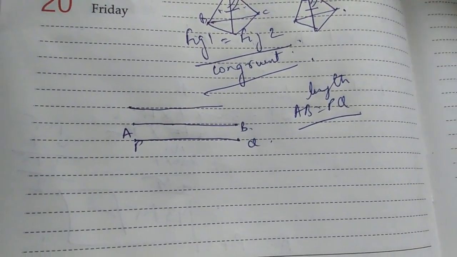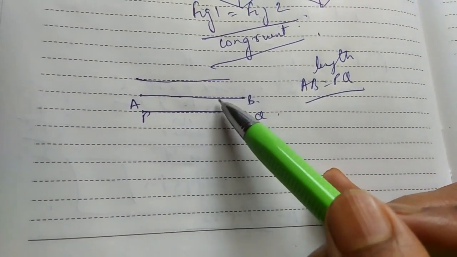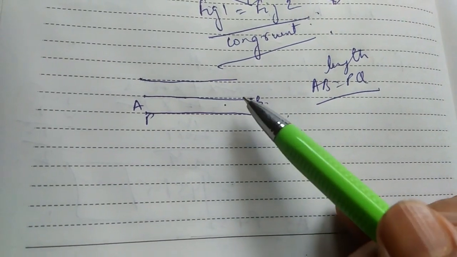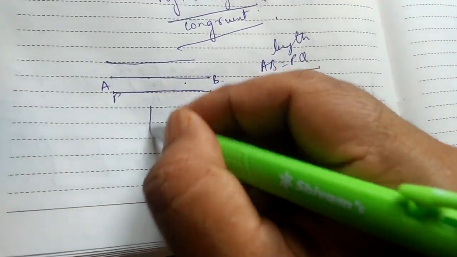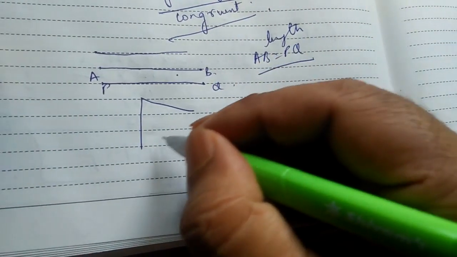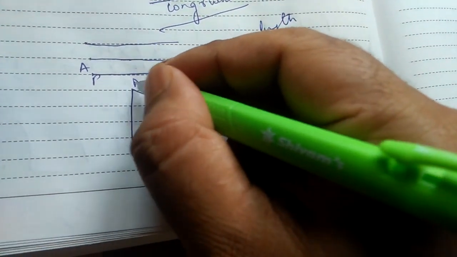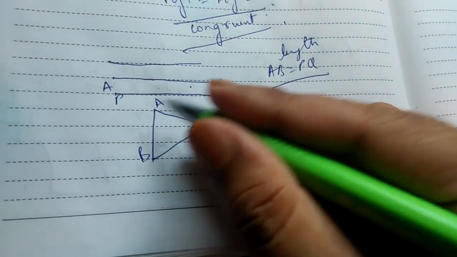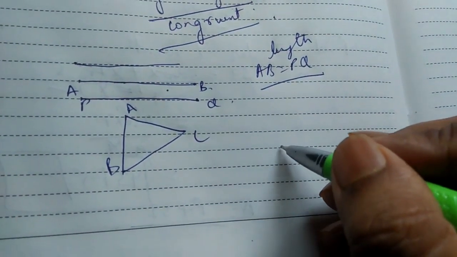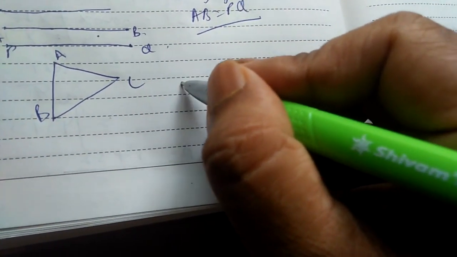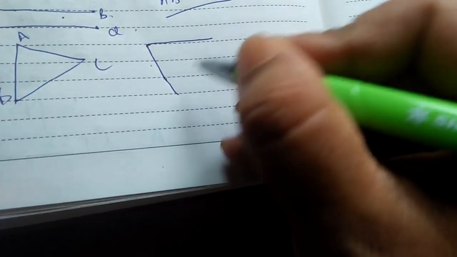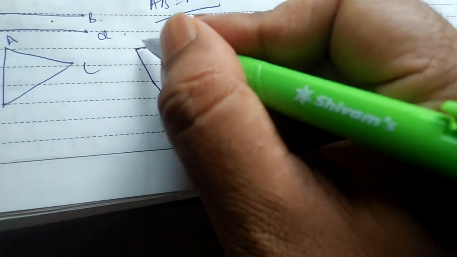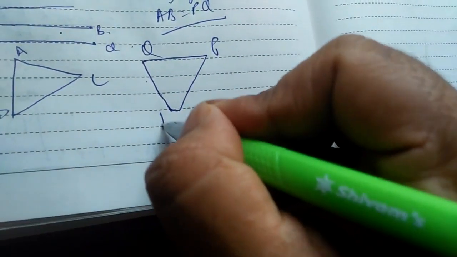What is congruency? If two figures are the same, then they are congruent. Let's say this is a triangle ABC. Now let me rotate this triangle into, let's say, PQR.